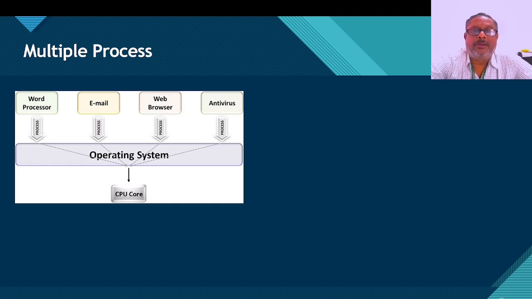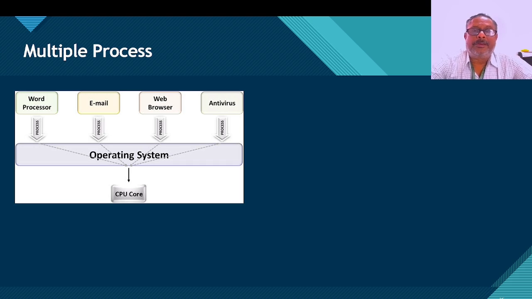On one side, a browser may be downloading some file from the internet. On the other side, we are typing something in the email. On another side, we are uploading some document to the email and sending it to someone else, and in the background the antivirus is working.